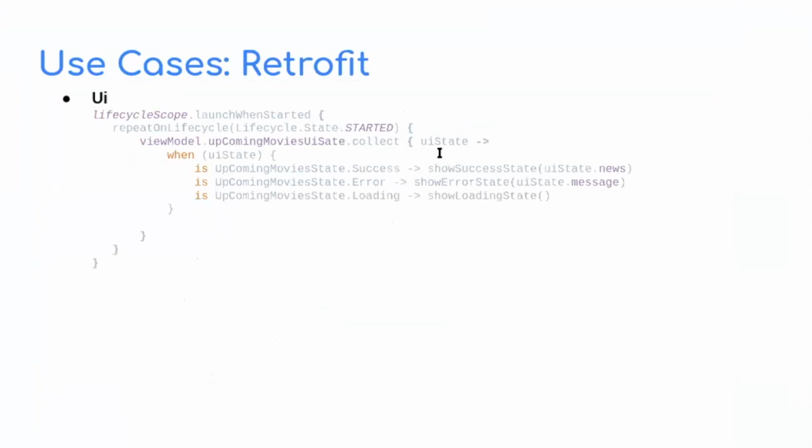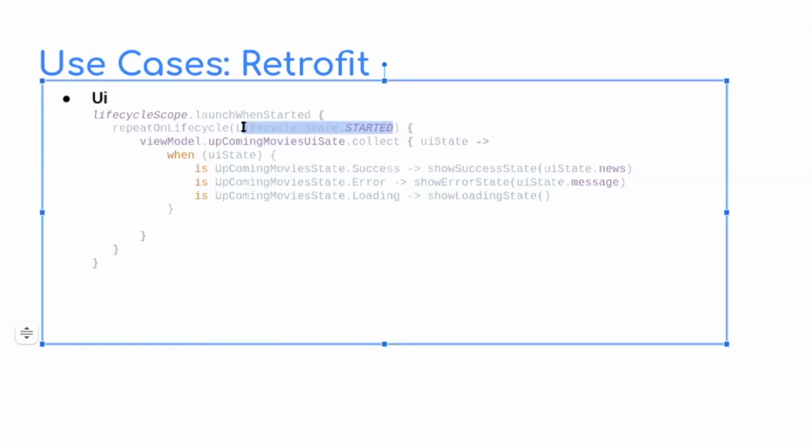So data has been propagated from our repository to our UI. So how do we collect our data? As I stated, so that we don't waste resources, we call repeat on lifecycle. Here we have a state, which is the least state that can be used to start our collection.